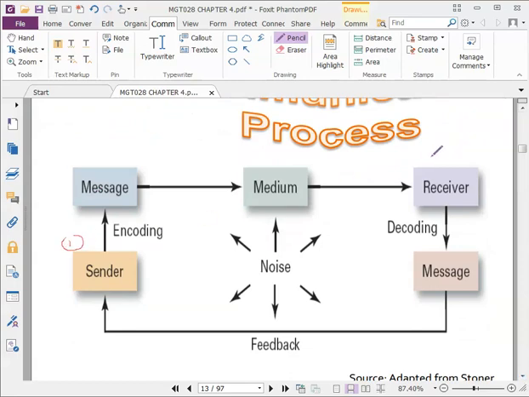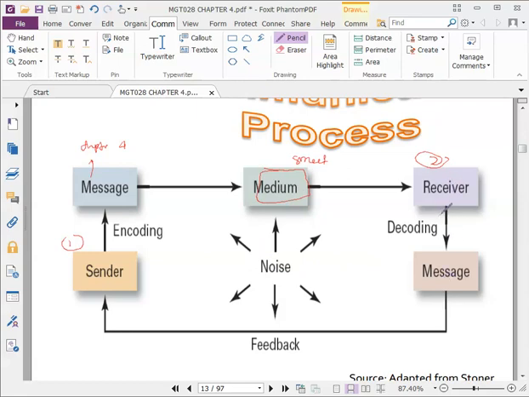Yang kedua, kita kena ada receiver. Saya sender, contoh dalam kelas. Receiver, kamu, student. What is the medium? Through Google Meet. What is the message? Apa yang saya sampaikan? Chapter number 4.